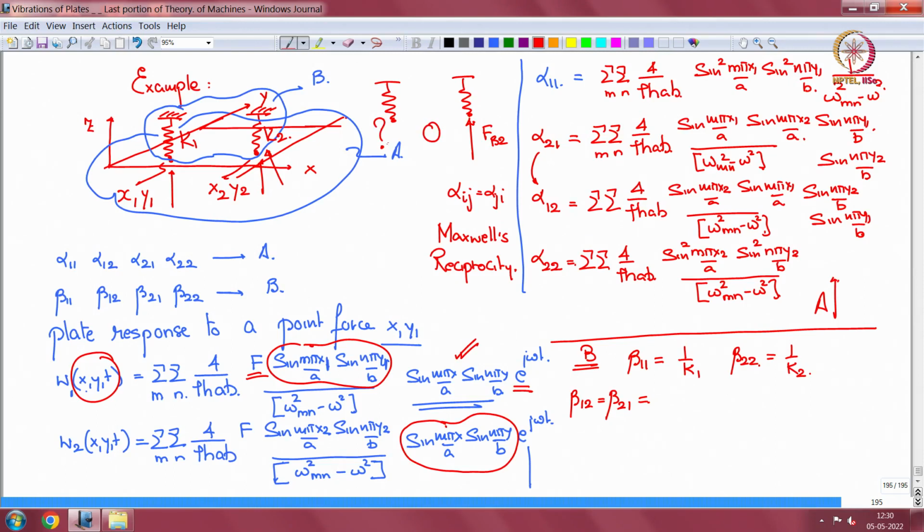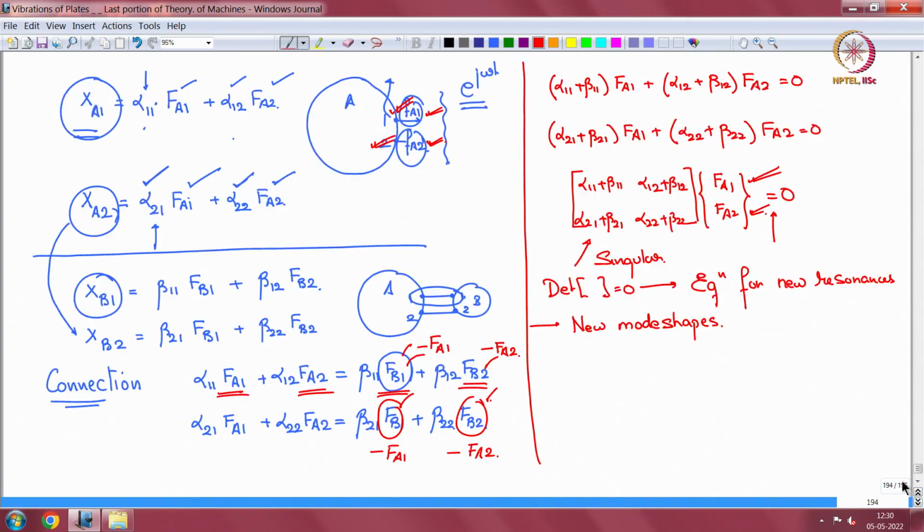Okay, if I apply a force here, what is the response here? 0. So this is 0. Okay, so now how does this system look like?